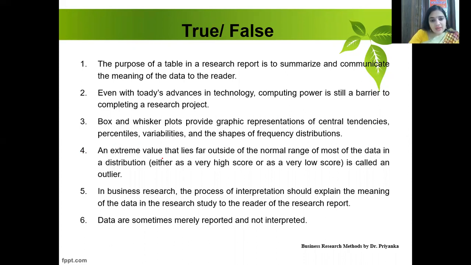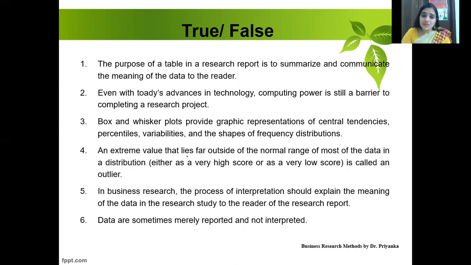Fourth: an extreme value that lies far outside of the normal range of most of the data in a distribution, either as a very high score or as a very low score, is called an outlier. Is it? Yes, this is correct. And I shared the example of date of birth here.